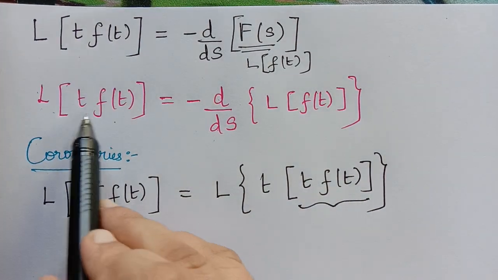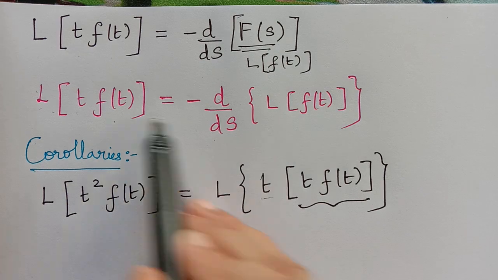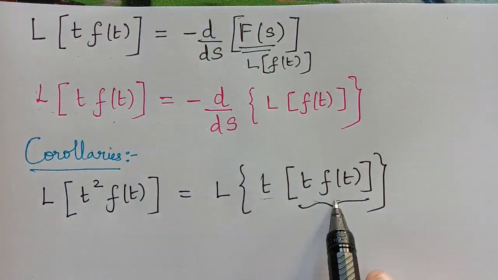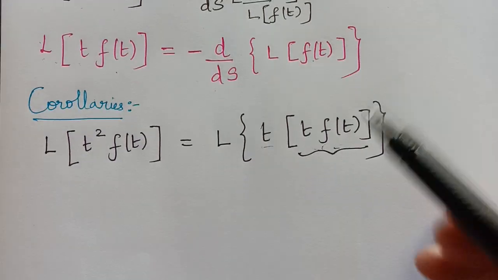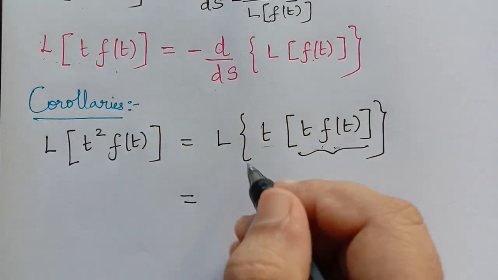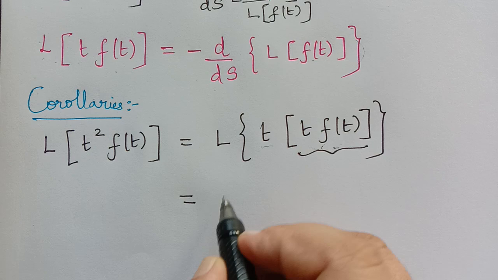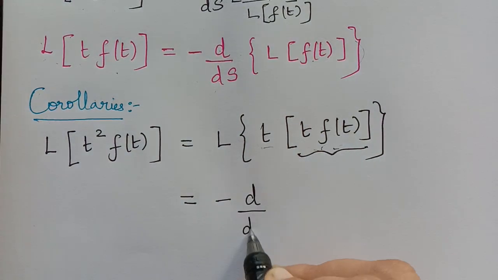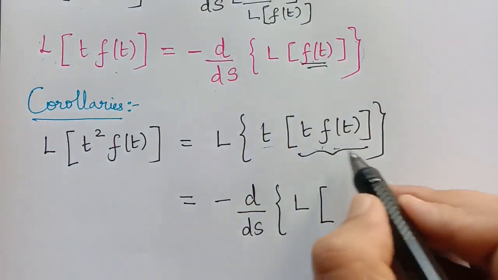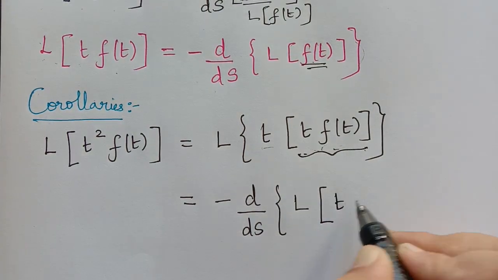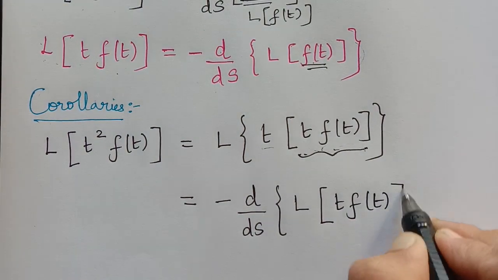We will apply this: we have t, and instead of f of t we have t f of t. Wherever we have f of t, we have to replace it by t f of t. So this will be equal to negative d by ds of L of, now instead of f of t, t f of t.